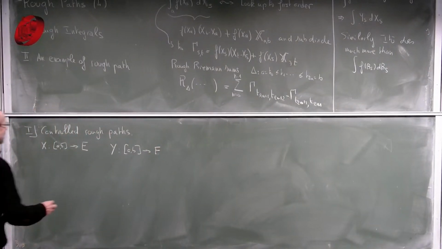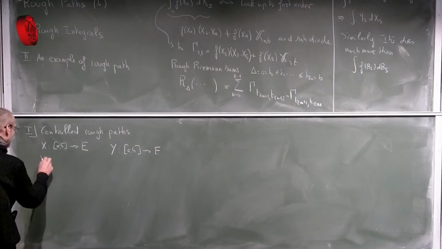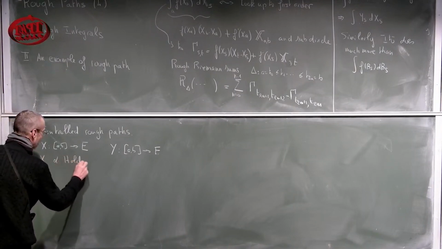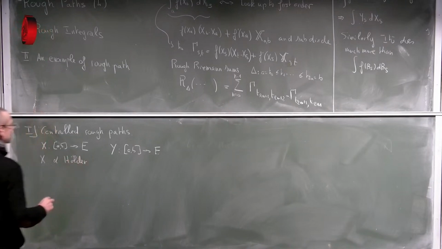And now you imagine that X is alpha Hölder. So for that, you need a norm. That's okay, that's not too complicated.